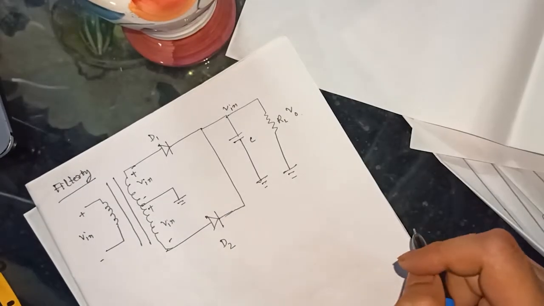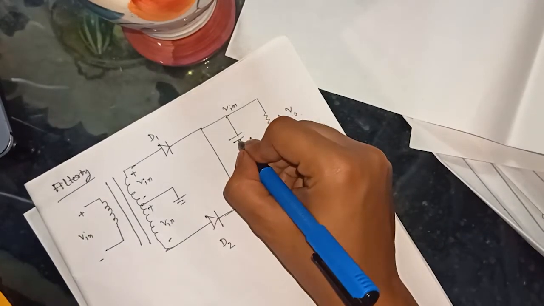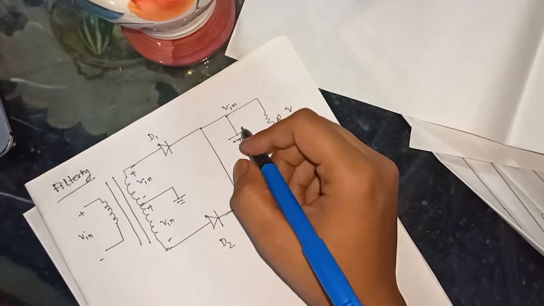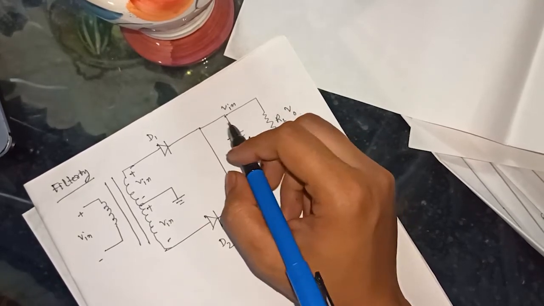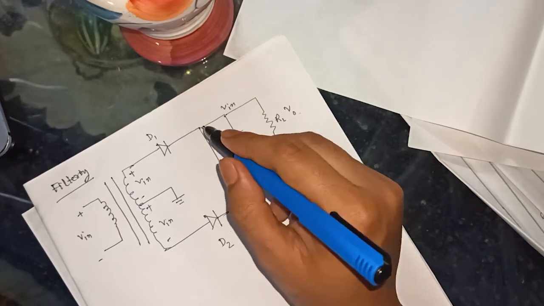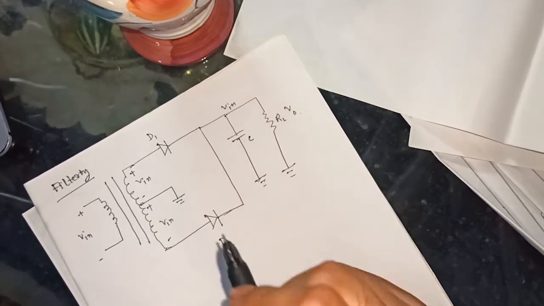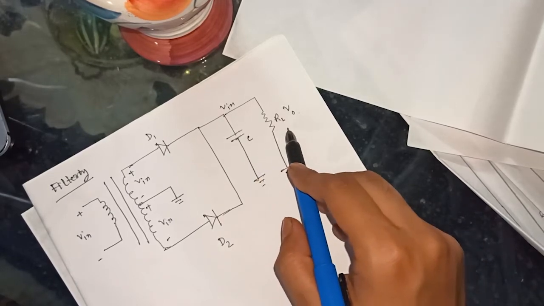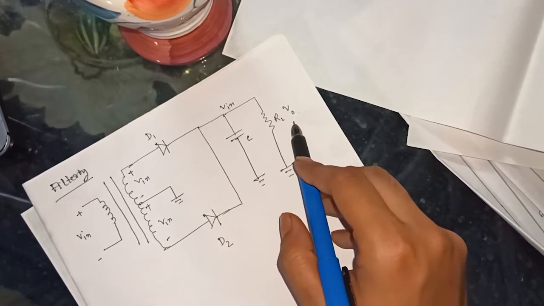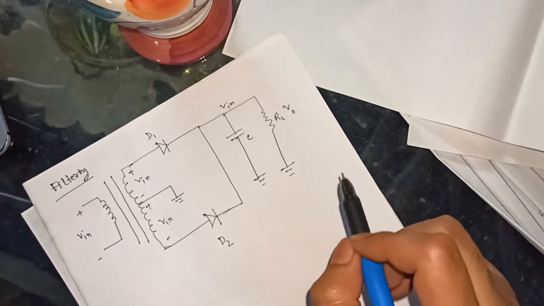Now for filtering, we add a capacitor C in this circuit. We can apply this capacitor in both the center tap and the bridge circuit. Here we can see the capacitor is along with the RL, which is the load of the circuit.